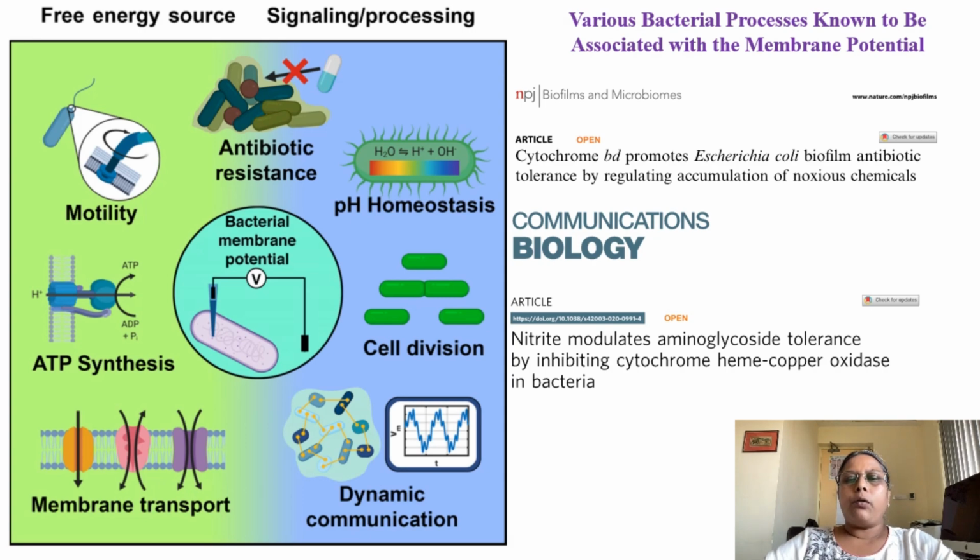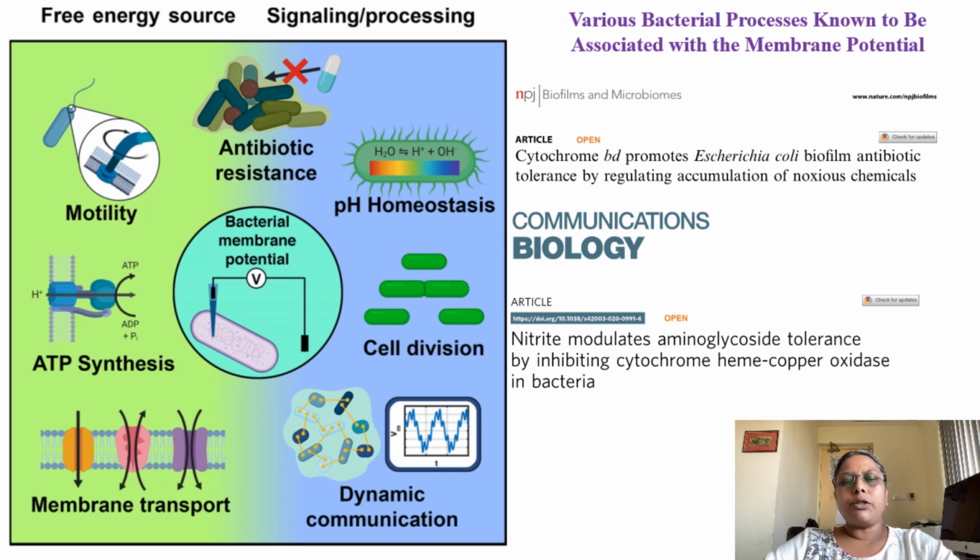So what these papers mention is that the cytochrome bd, as I showed previously, the cytochrome complexes which are involved in the electron transport chain, help in regulating biofilm, antibiotic tolerance in biofilm, and help in regulating accumulation of obnoxious chemicals inside the cells.